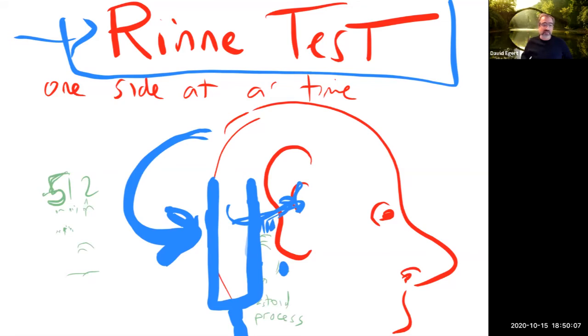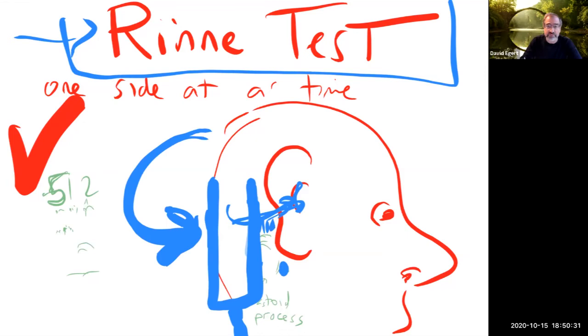So the Rinne test is the one where you take the tuning fork, start on the mastoid, and then go near the external ear. Any questions about the Rinne test?